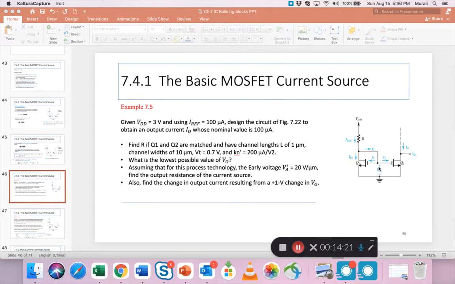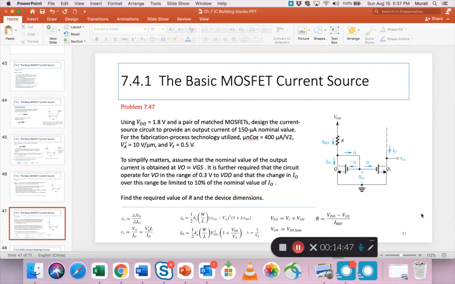We don't know VOV, which is found by that other formula for drain current in terms of all the other parameters like W by L and all that. So he shows you how to walk through that, and please follow along and make sure you understand the example. All right, I'm going to move on.